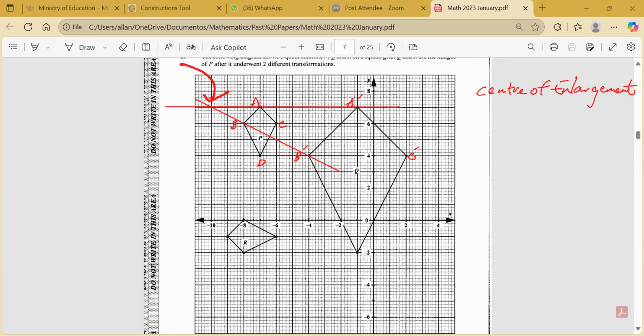Now, you only need 2 points. But I'm going to do another one just for fun, just to show you, because you don't have time in CXC. So I'm going to join D to D prime. It will join exactly to that point. Watch carefully.